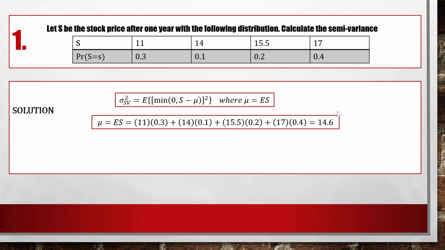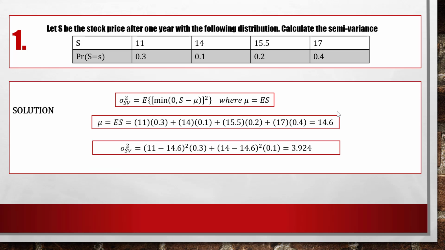Number 3, 15.5 minus 14.6 is a positive deviation, so we have to ignore it. 17 minus 14.6 is a positive deviation, greater than 0, so we have to eliminate it. Now we focus on only two numbers, 11 and 14.